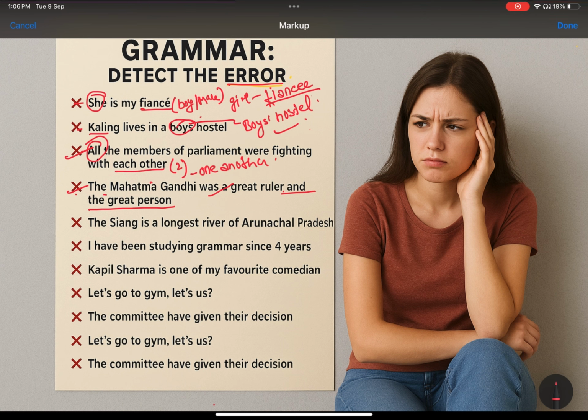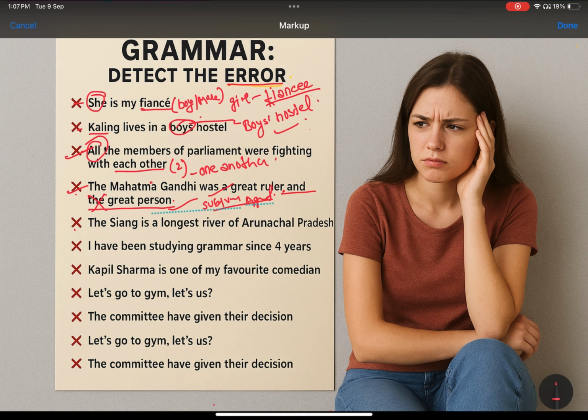So it has to be the Mahatma Gandhi was a great ruler and great person. If you use an article after and, it is speaking about someone else, not about Mahatma Gandhi. So this will be grammatically correct now. The नहीं होगा, it has to be and great person. This is a very common part of subject and verb agreement.